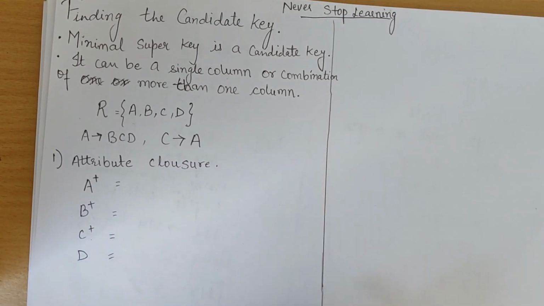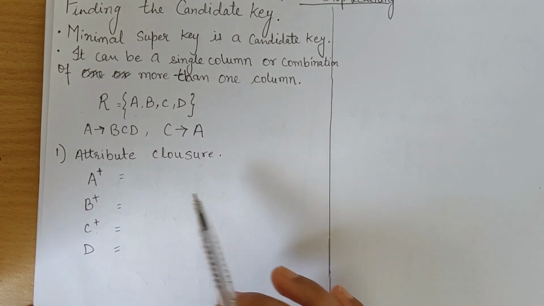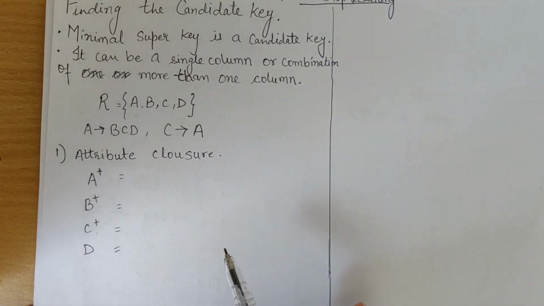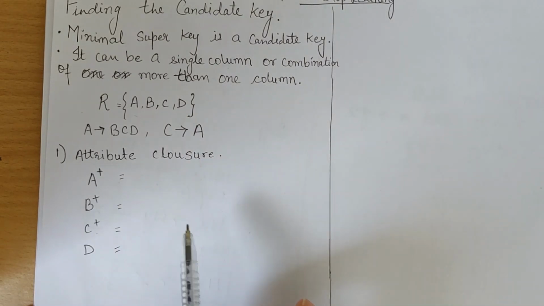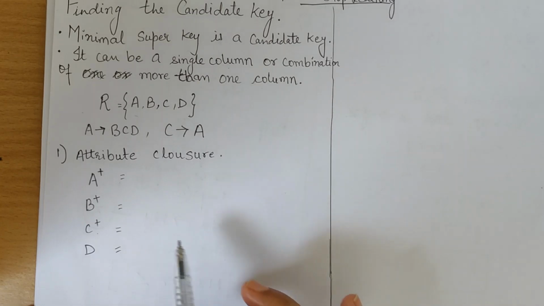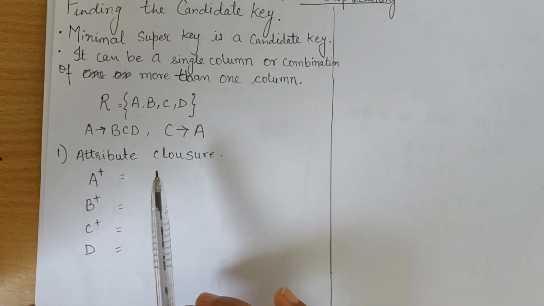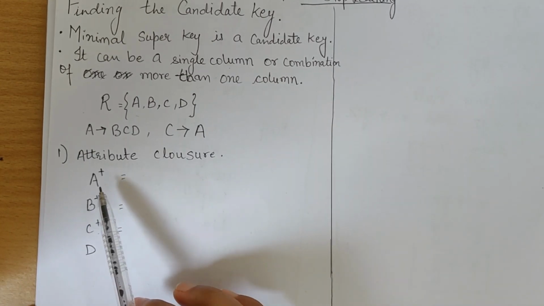Whenever we solve for candidate keys, the proper method is to find the attribute closure. Attribute closure I have already discussed in the previous video, so I hope you know how to calculate it, and I am not going into detail on that topic.